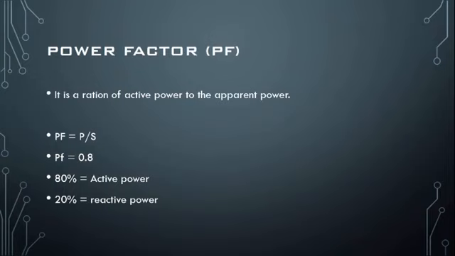Now if it was 0.9, then it means 90% of active power and 10% of reactive power. Now if it was unity, then it means 100% of active power and 0% of reactive power.